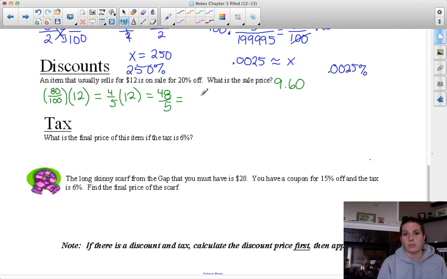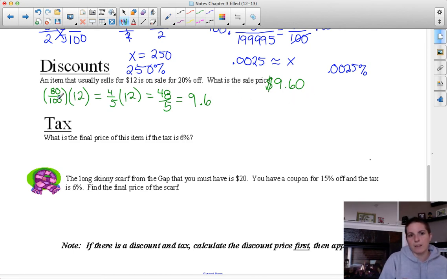So we would have 9 wholes, that's 45, and 3 left over, so 30. So 9.6 is what your calculator is going to spit out, so we are going to change, oh, look at Mrs. Sturgeon making a mistake over here. So we have a good answer of $9.60.